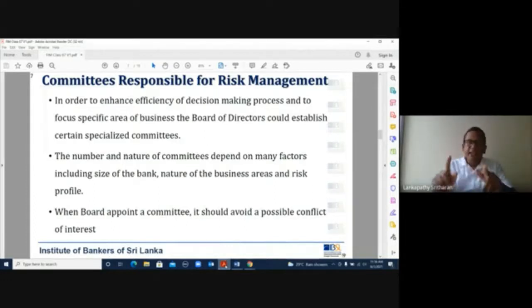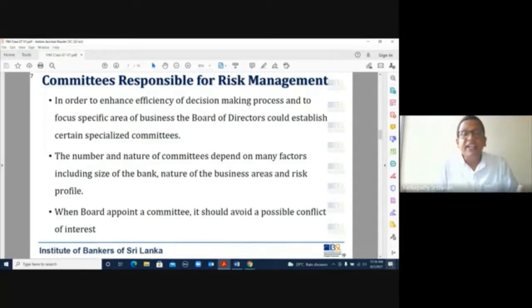I am asking you all a question just to explain the conflict of interest. Can the chief internal auditor be appointed as the chairman of the credit committee? Yes or no? Can the chief internal auditor of the bank be appointed as the chairman of the credit committee?